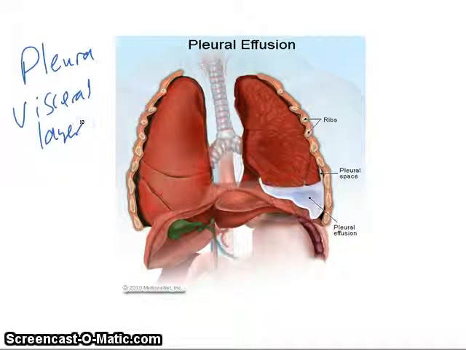And the visceral layer lines the inside of the thoracic wall. Okay, so that would be considered this layer here. It lines the thoracic wall. It lines the thoracic cavity. So this that I'm drawing now is considered the visceral layer. Then you have the parietal layer.